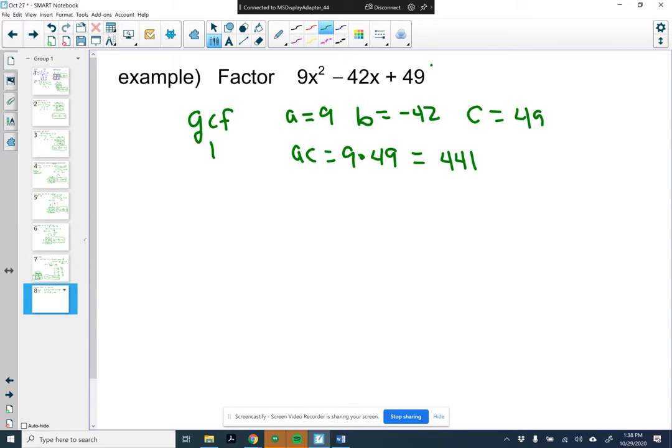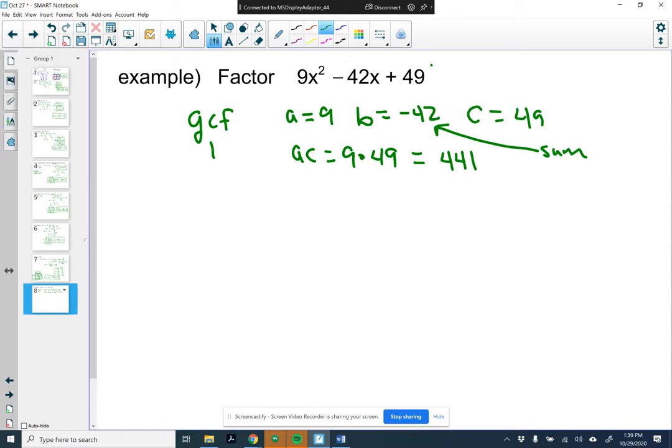Just 9 short of 450. And then we're going to look for two numbers that multiply to create 441 and have a sum of negative 42.